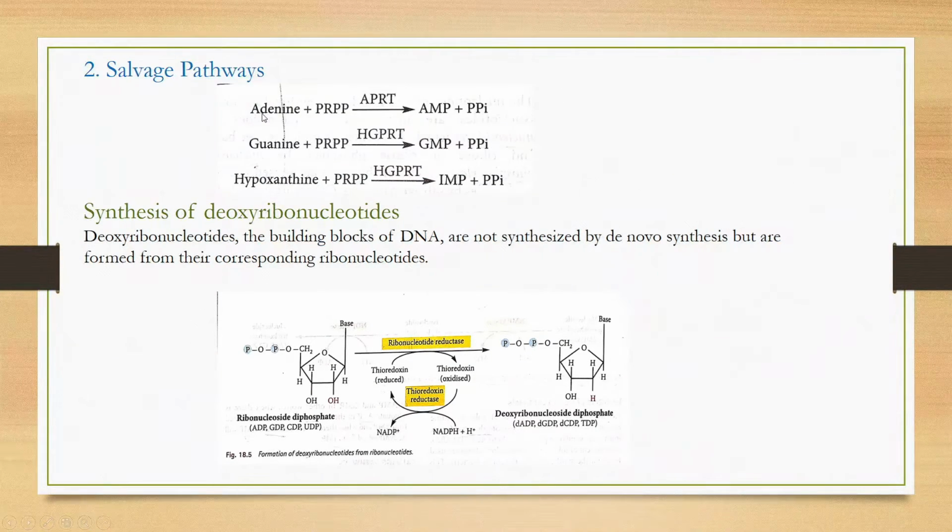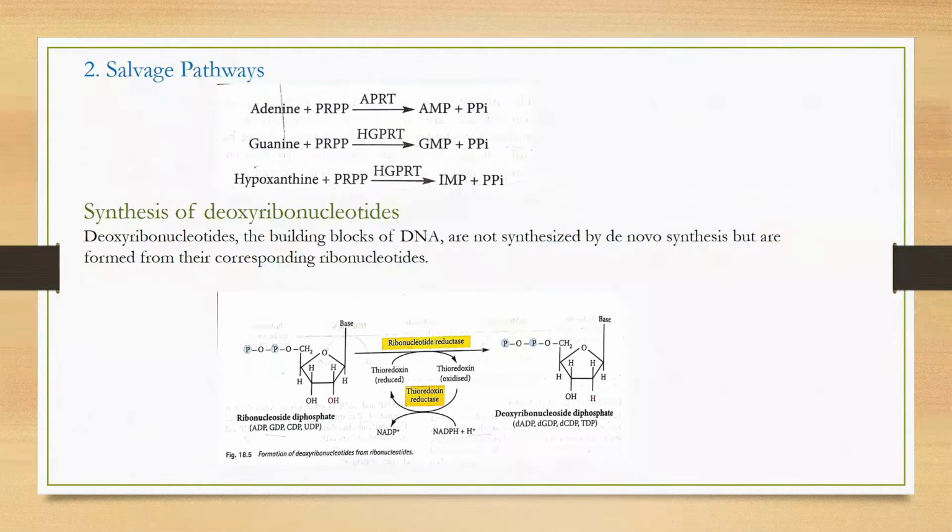You see these three bases: adenine, guanine, hypoxanthine. Adenine and guanine are free bases. PRPP plays a crucial role in the salvage pathways by acting as the donor. PRPP is the donor of the ribose 5-phosphate. So that is important.